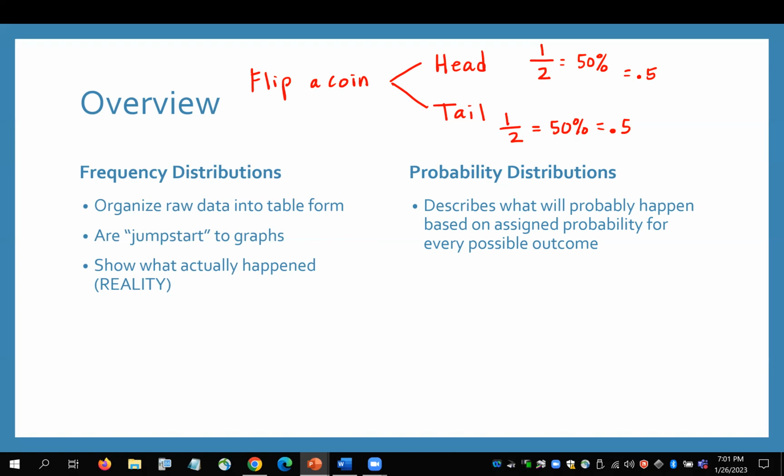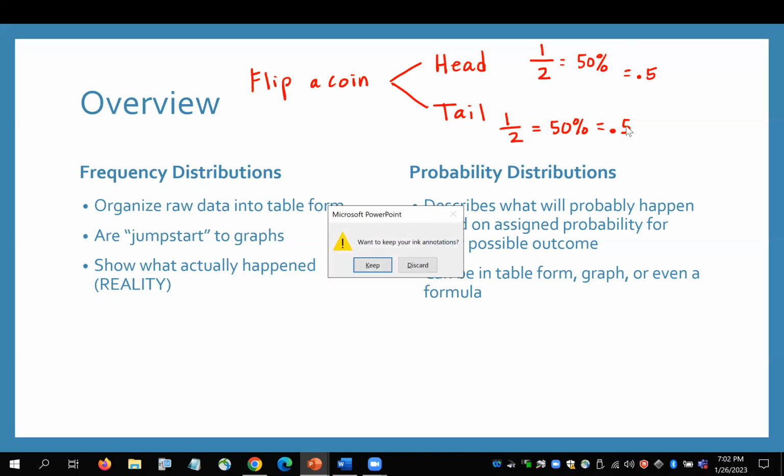So we assign a probability to a particular outcome, and then we can create a theoretical model to predict what is going to happen. And those probability distributions can be written or displayed as a table, as a graph, or even a formula.